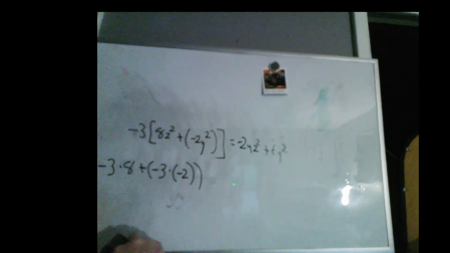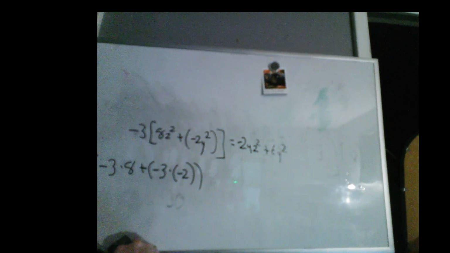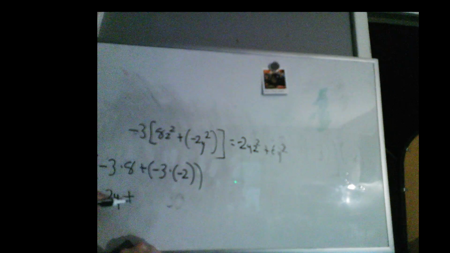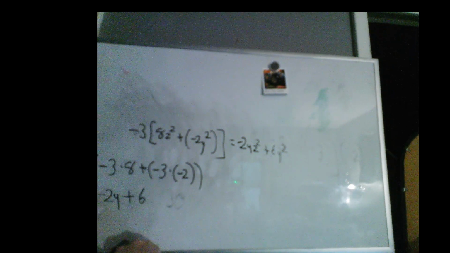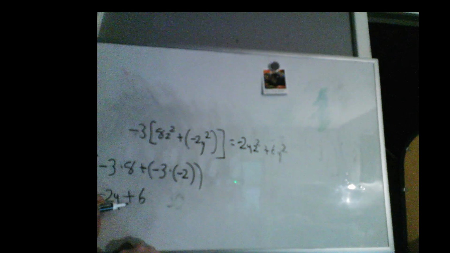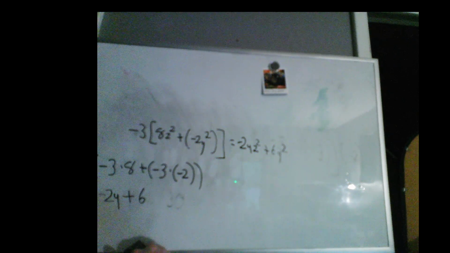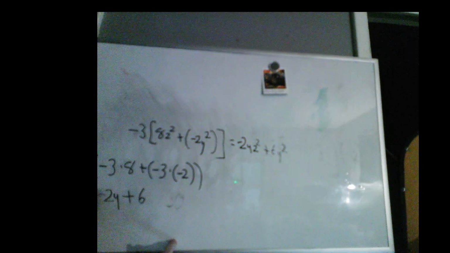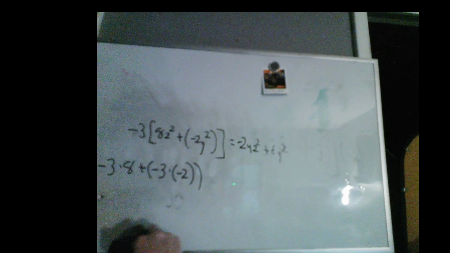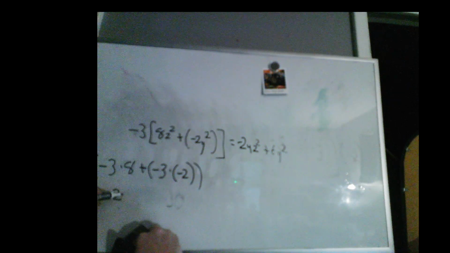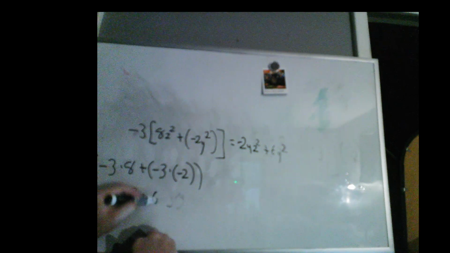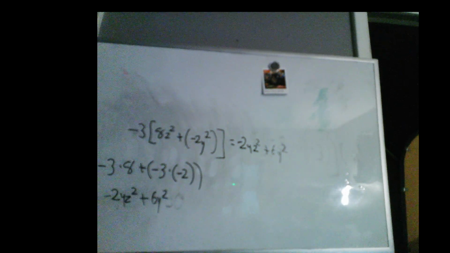So that gives us negative 24 plus 6. And we can attach our variables, squared. It's really as simple as that.